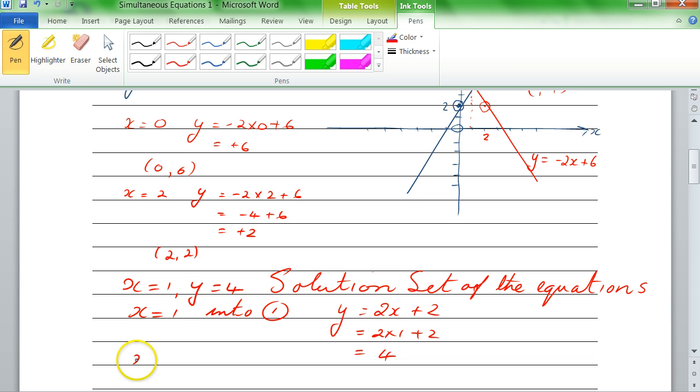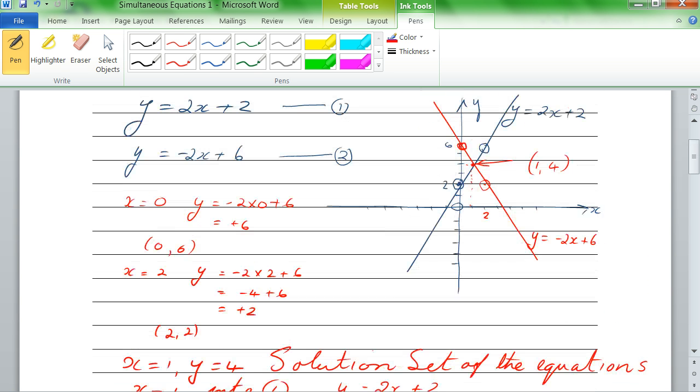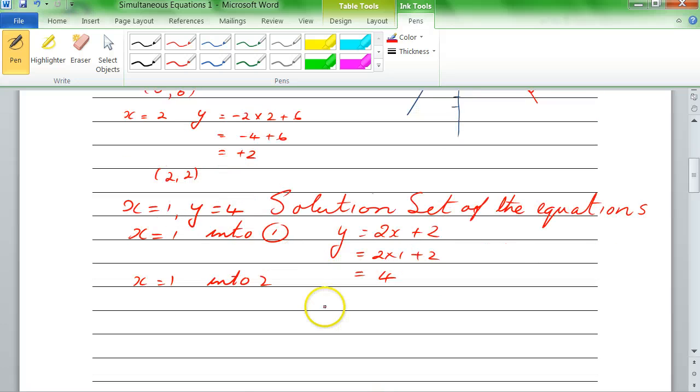If we put x equal to 1 into equation 2, y equals negative 2x plus 6, we'll get negative 2 times 1 plus 6, which is negative 2 plus 6, which again is 4. So in both cases, x equals 1, y equals 4 satisfies both of those equations. And so it's called the solution of those two simultaneous equations.